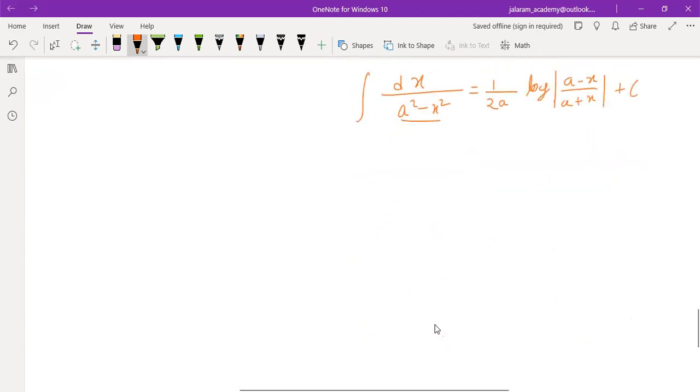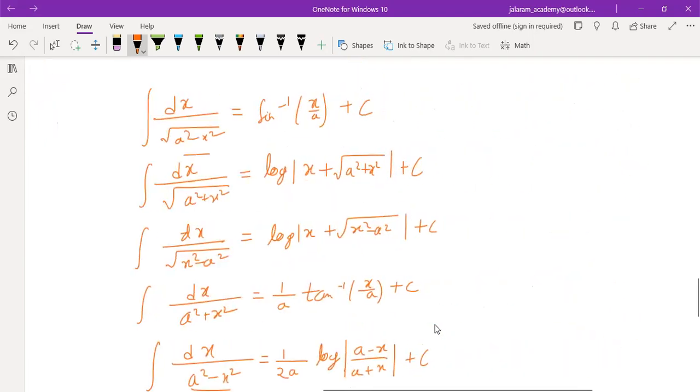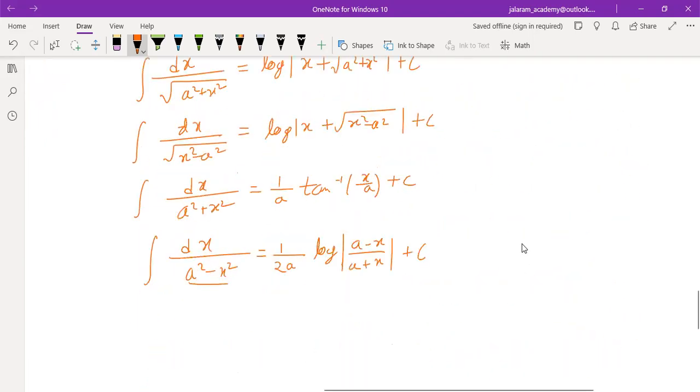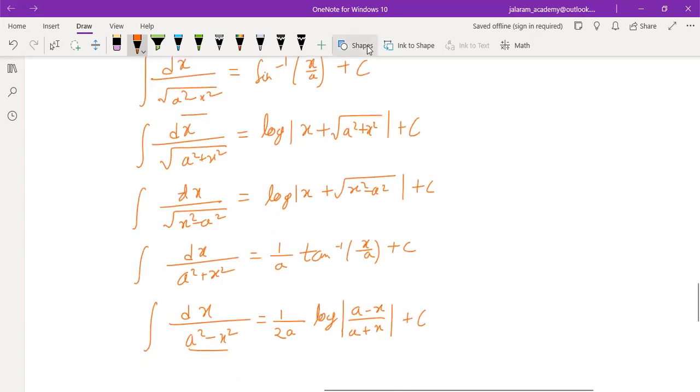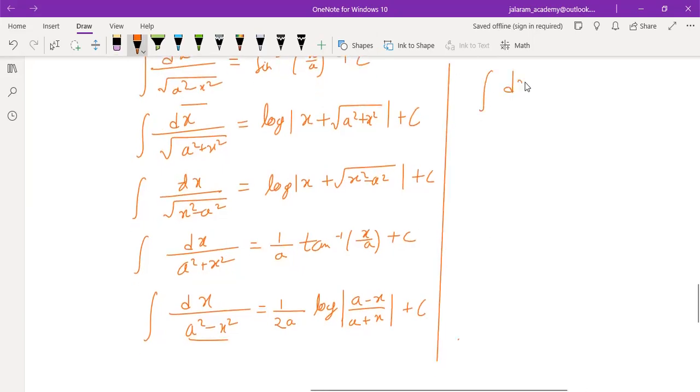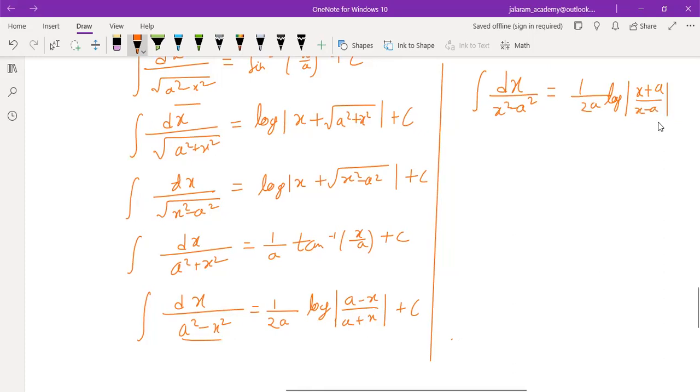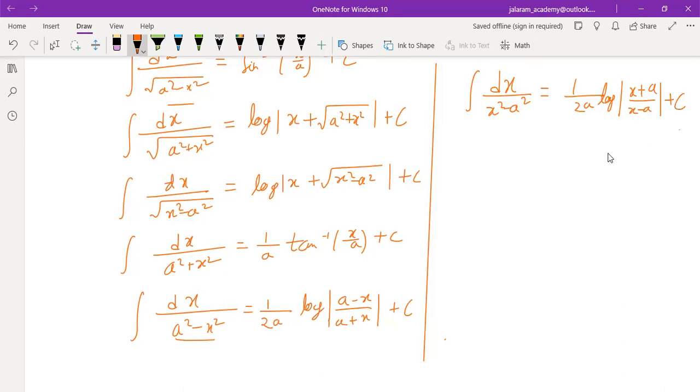And one more is there. Only the signs of the denominators are changed. The next formula is integration of dx upon x square minus a square, and this is 1 by 2a log x minus a over x plus a plus c.